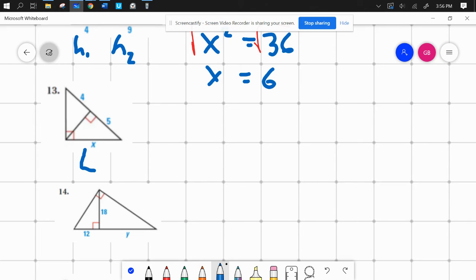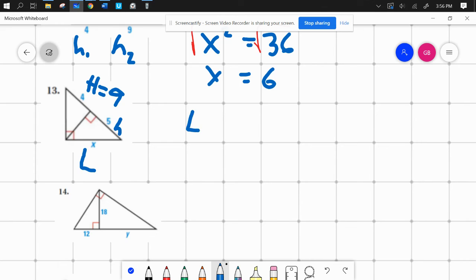Big H is going to be the hypotenuse of the triangle. So 4 plus 5 is 9. That's the hypotenuse. Little h is going to be the hypotenuse segment closest to the leg. So little h is going to be 5, the one closest to the leg, not the 4, the 5.